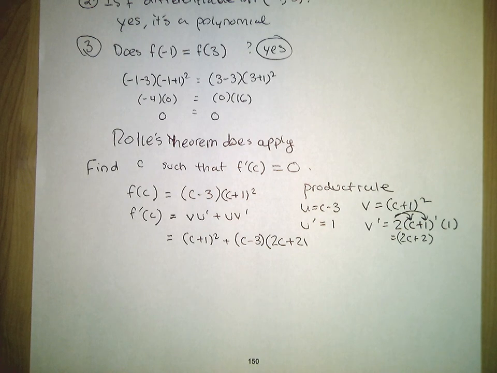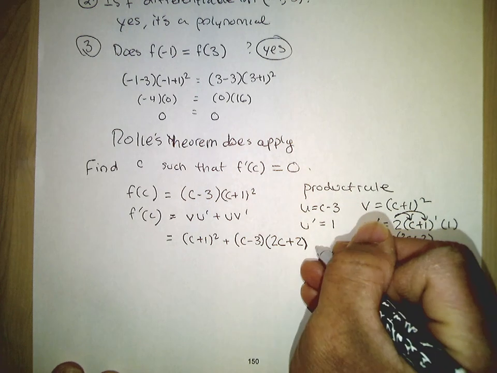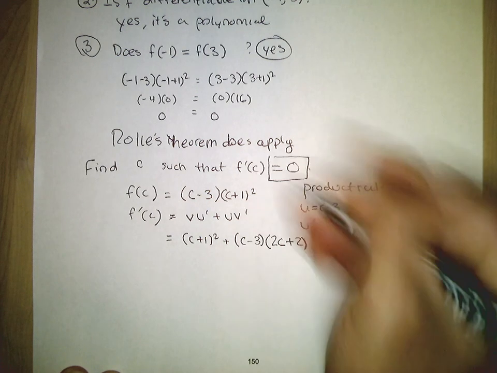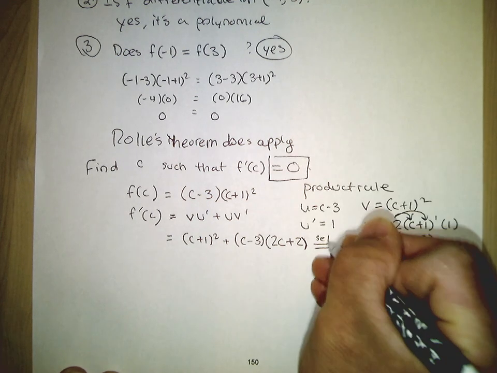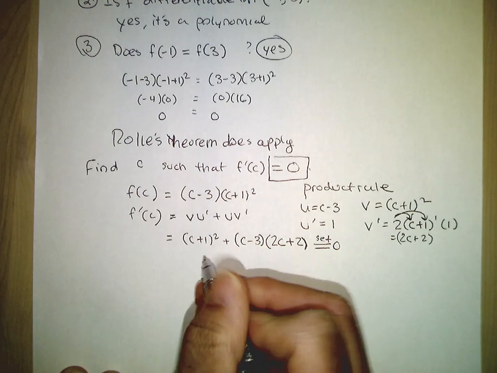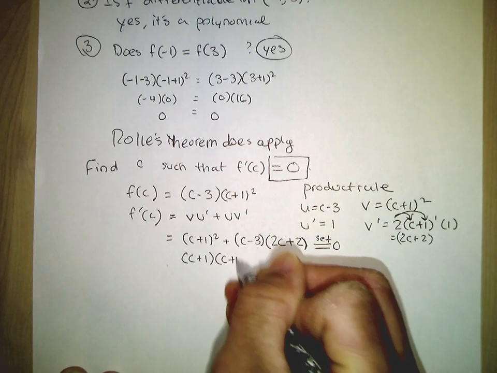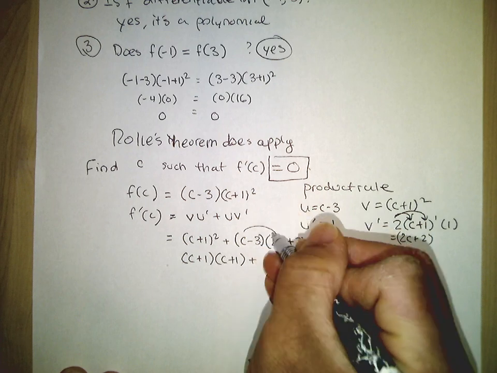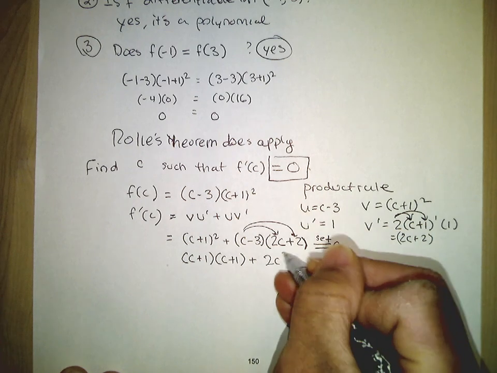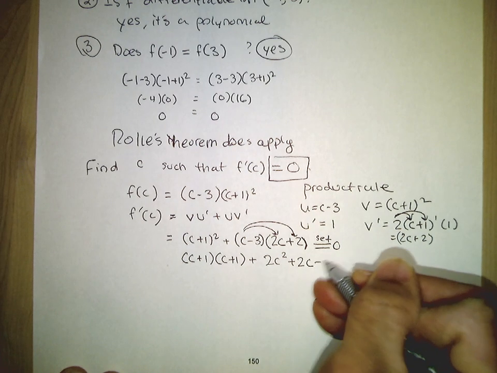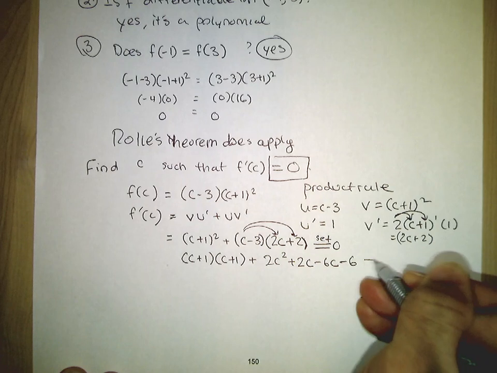And now, remember, I want to set this equal to 0, so I want to multiply all of this out. So we have c plus 1 times c plus 1 plus 2c squared plus 2c minus 6c minus 6.